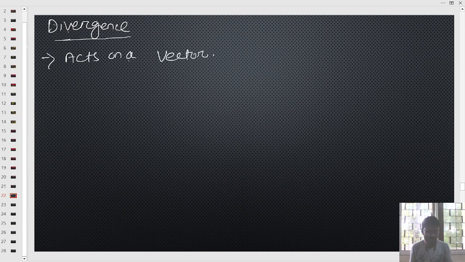Divergence always acts on a vector. In case of gradient, the answer is a vector, but in case of divergence, it acts on a vector and its answer is a scalar. Hope you all are understanding what I am trying to say.